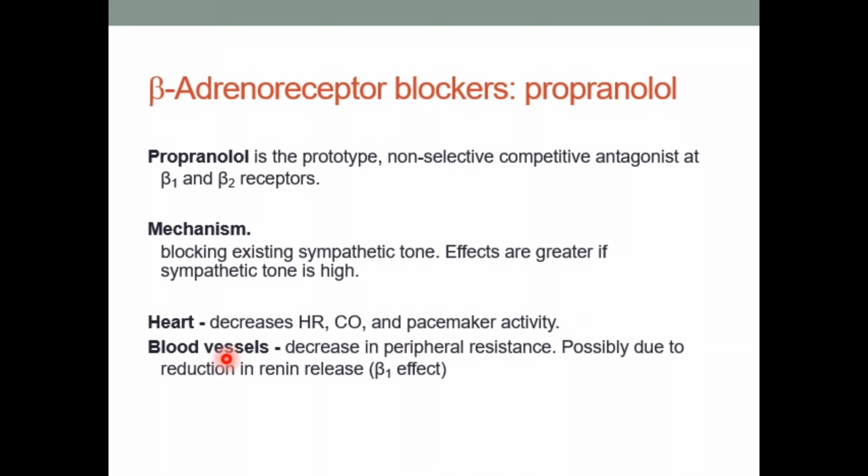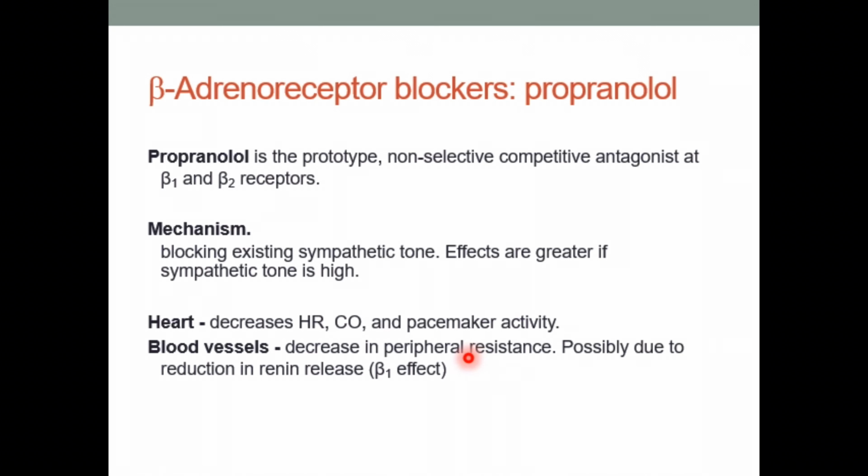In terms of the blood vessels, its action is probably via the reduction in the renin release. If you remember the diagram just now, if you reduce the renin released by the JG cells, you also reduce the AT2. AT2 is the one that binds to its receptor in the smooth muscle of the vessels, and it can cause vasoconstriction.